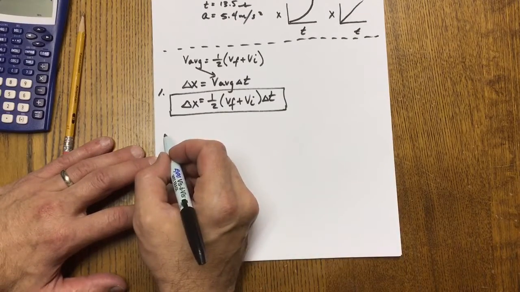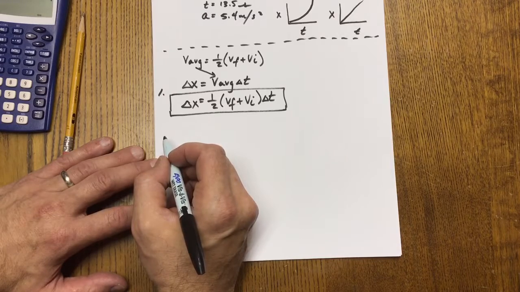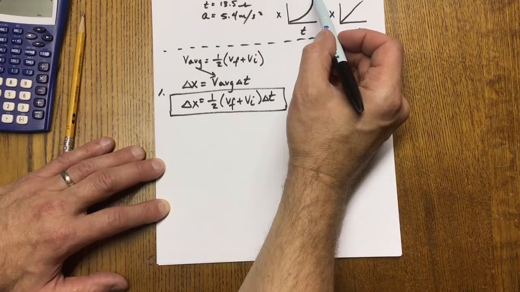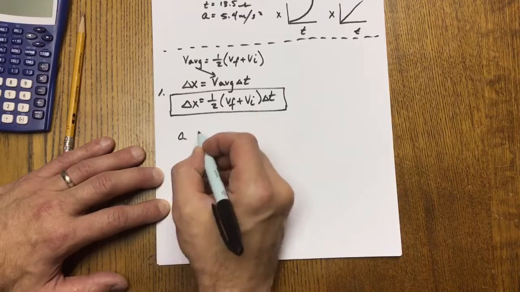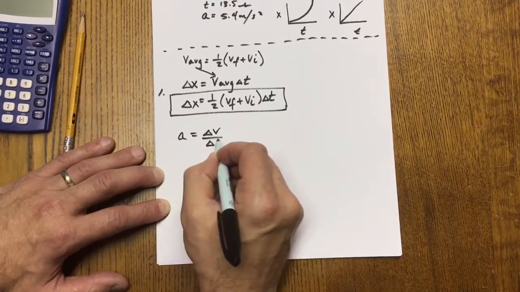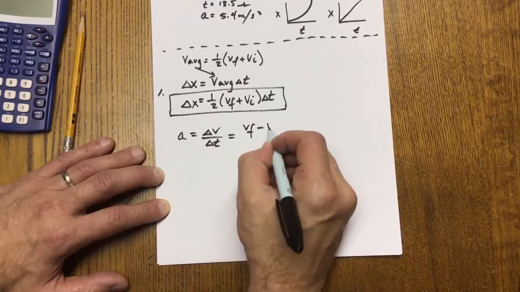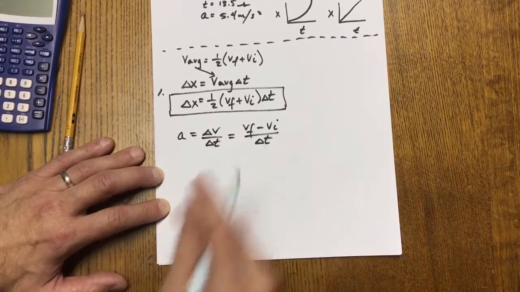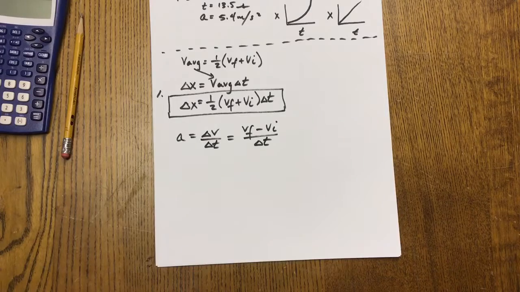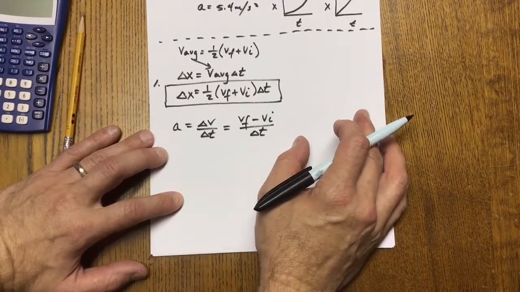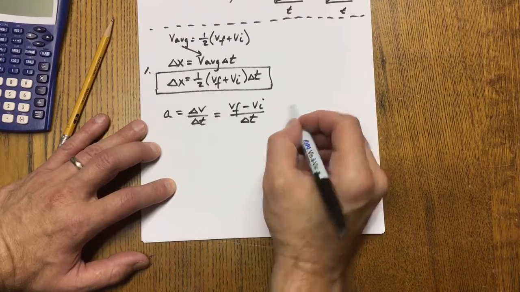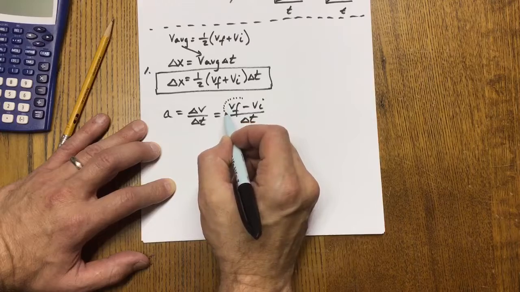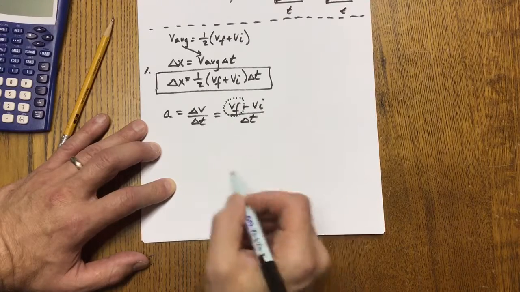Our second equation requires the use of the generic equation for acceleration. Let me break that out a little bit further. So if the acceleration is the change in v over the change in t, that's the final velocity minus the initial velocity over the change in t. Well, this basic equation can be then solved for a final velocity or an initial velocity, but I'm just going to solve it for the final velocity.